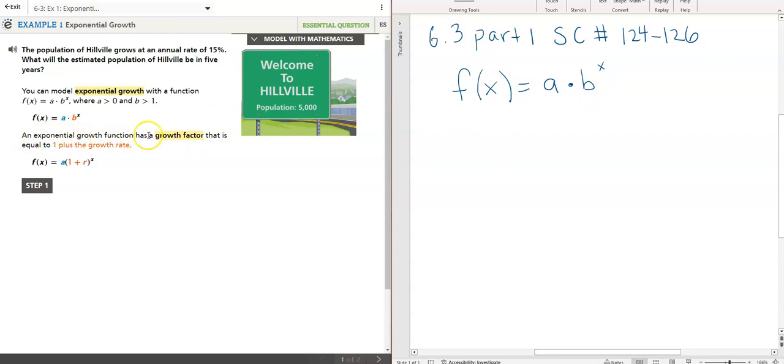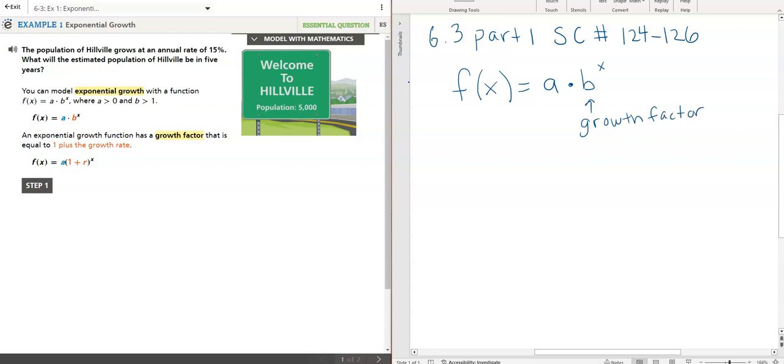So an exponential growth function has a growth factor that is equal to 1 plus the growth rate. And you can see here that it's color-coded. So the growth factor is the same thing as my rate. So this right here is similar, or we can use it to represent a growth factor.